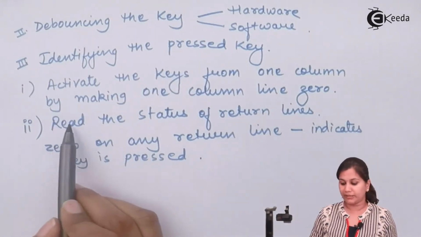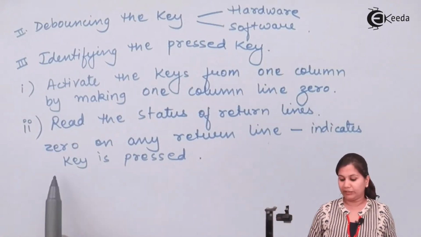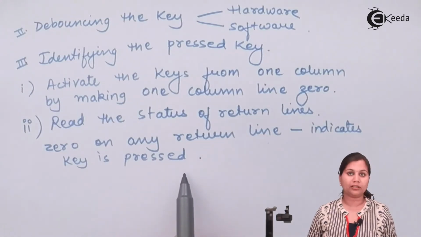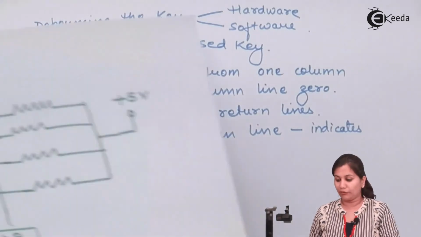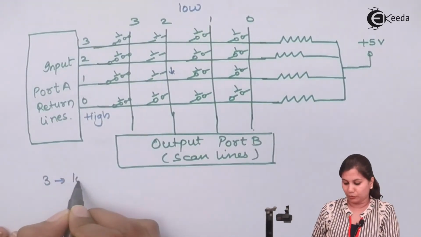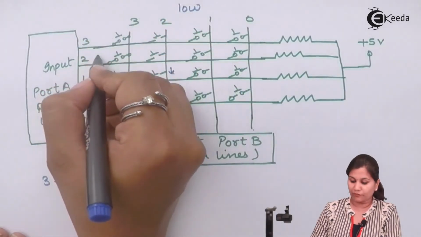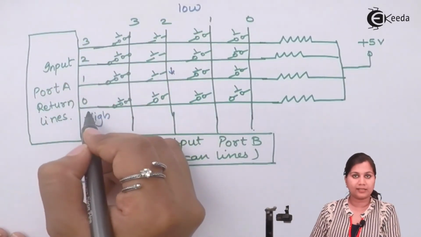Next, read the status of the return lines. A 0 on any return line will indicate that that particular key is pressed. How will we do that? First of all, we have made column 3 low. We will check which of the return lines is 0.